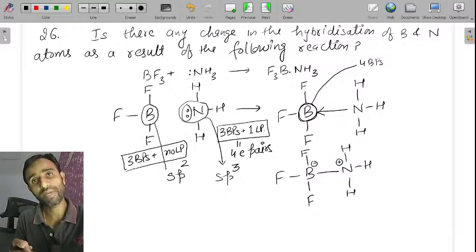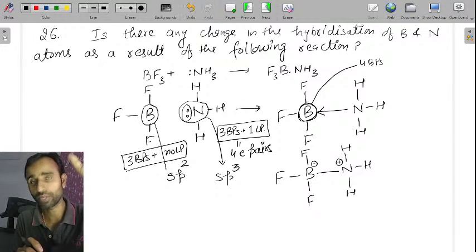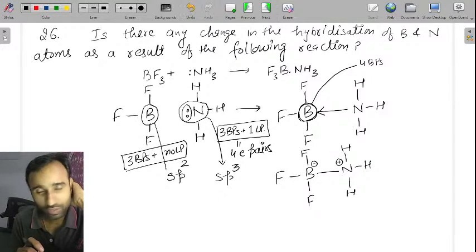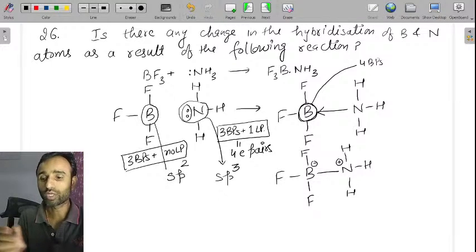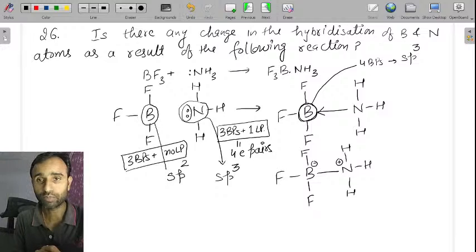A coordinate bond is the same as a covalent bond once it is formed, and it is treated as a bond pair. One coordinate bond means one bond pair. So total 4. So hybridization of boron now is sp3. Earlier it was sp2. After the reaction, it is sp3.